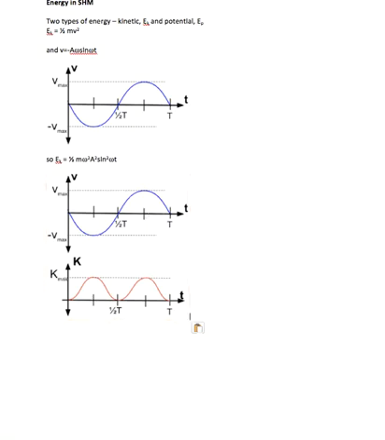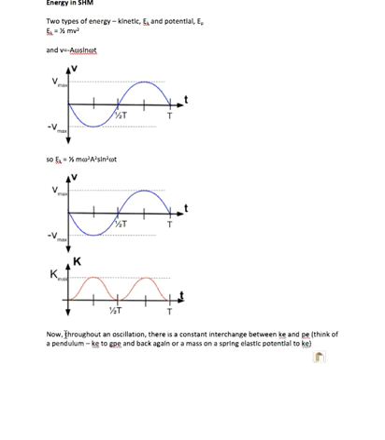Now, we know that there's going to be a constant interchange between kinetic and potential. If you think about your mass on a spring, or you think about your pendulum, there is a constant interchange between kinetic and potential. With the pendulum, it's gravitational potential. With the spring, it's elastic potential.